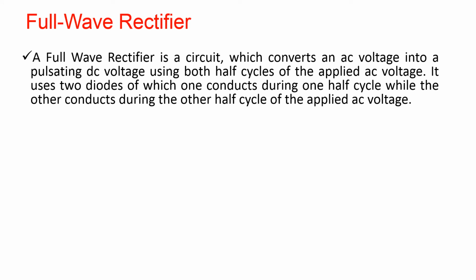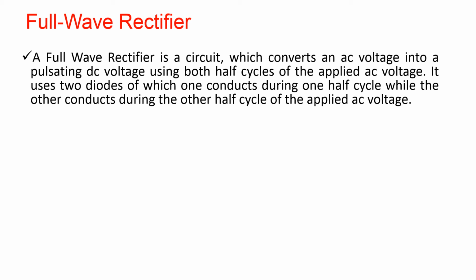A full wave rectifier, as we know, is a circuit which can convert both half cycles of AC voltage into DC. So a full wave rectifier is a circuit which converts an AC voltage into a pulsating DC voltage using both half cycles of the applied AC voltage.